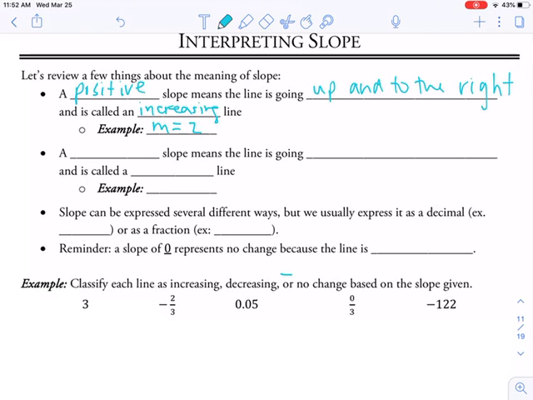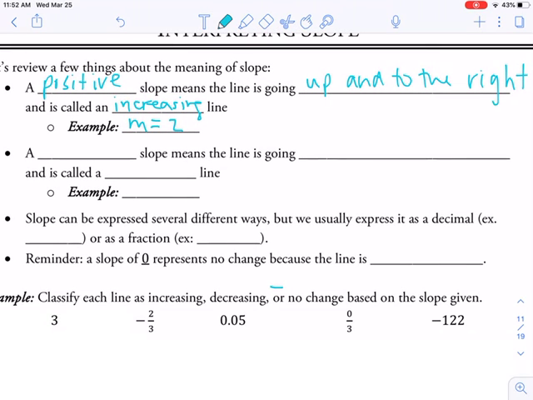All right, then the other option is a negative slope. Okay, and as you can imagine, it's the opposite of a positive slope, right? So instead of going up and to the right, it's going to go down and to the right. Remembering always that we are measuring our slopes, or reading our lines, as we read.